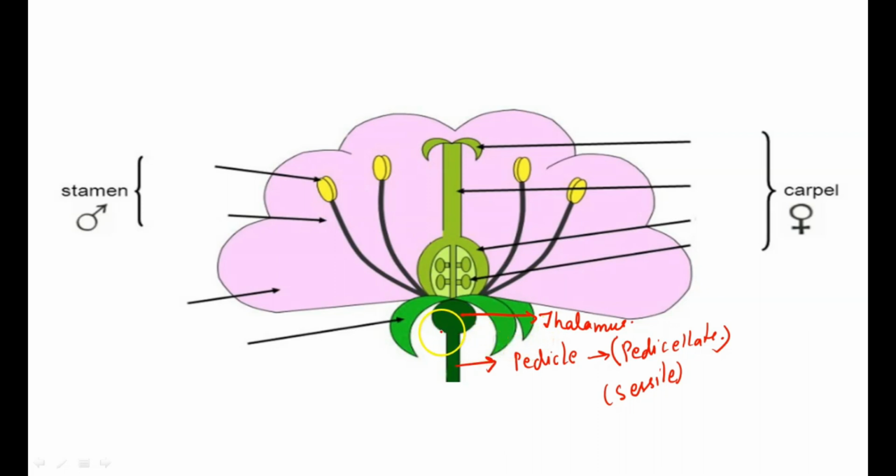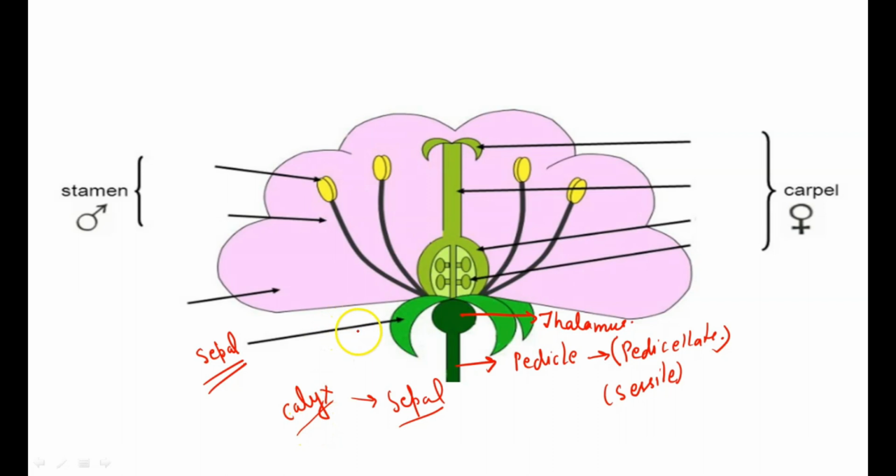Now let's come to another part which is known as calyx. The whole green part, all the sepals, are known as calyx. So this is our sepal. What is the difference between calyx and sepal? Sepal is a unit of calyx, right? The whole bunch of sepals together are known as calyx.